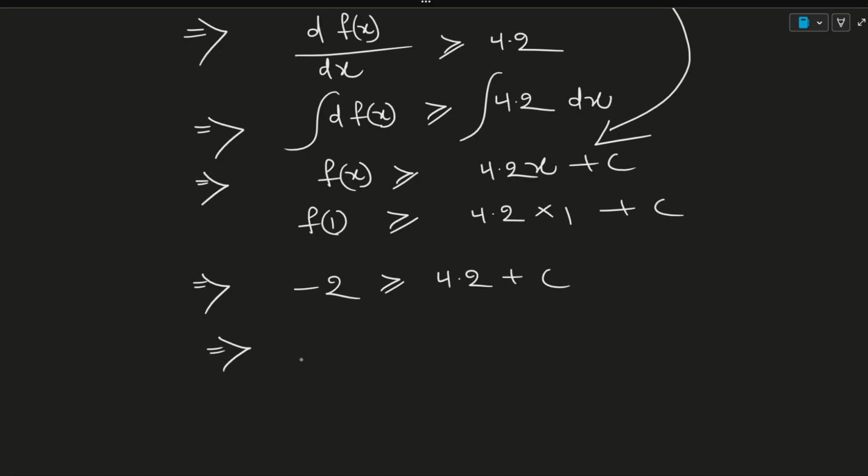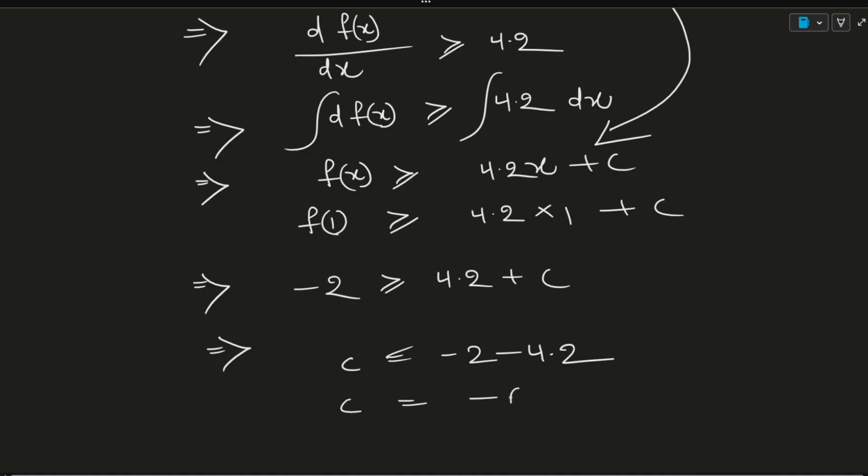Tell me, what will be the value of c here? Clearly we can see that the value of c will be less than or equal to -2 minus 4.2, which is -6.2.